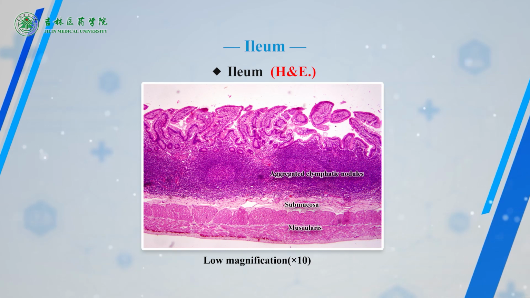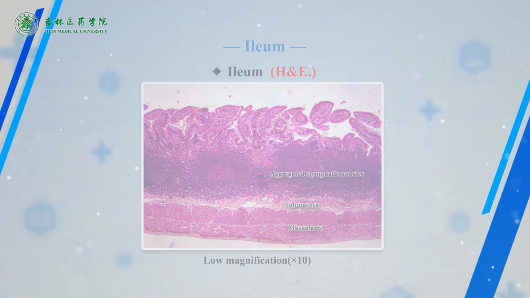There are many goblet cells in the epithelium, and there are aggregated lymphatic nodules in the lamina propria. In some parts, lymphatic tissues can penetrate into the submucosa, resulting in the incomplete muscularis mucosae.